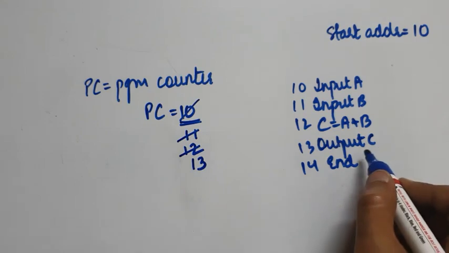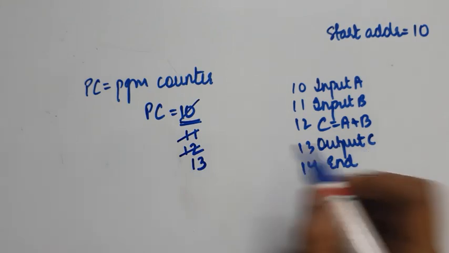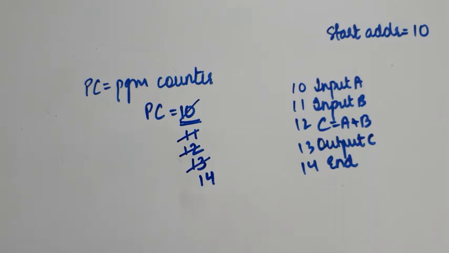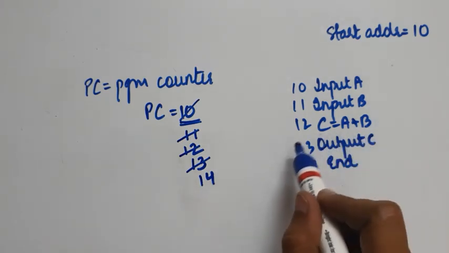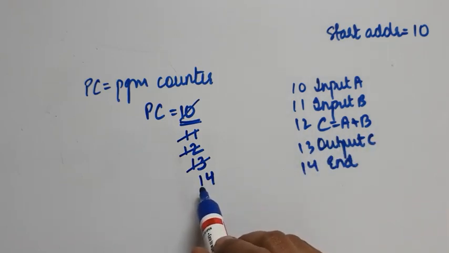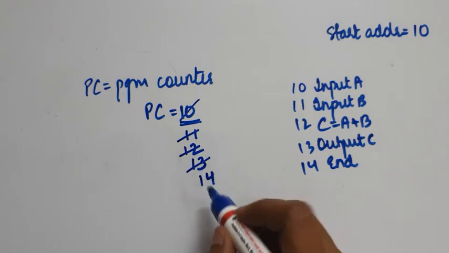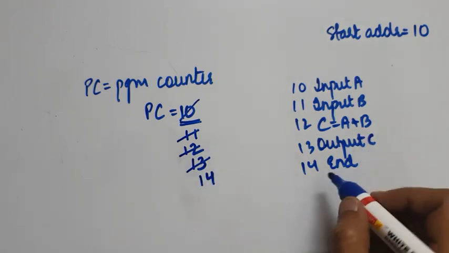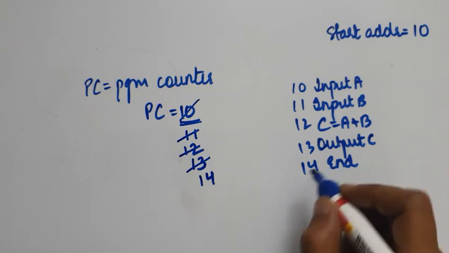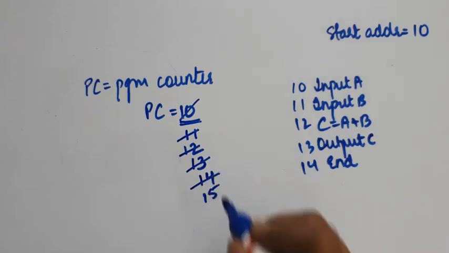As soon as this is fetched into the instruction register, the content of PC is incremented by 1. So now output C is executed. After finishing this execution, the microprocessor comes back to PC. Where do I have to go now? The PC tells it 14. It comes to 14, fetches the instruction written on 14 and increments the value of PC.